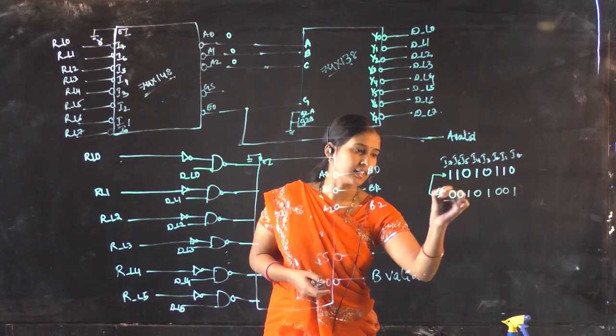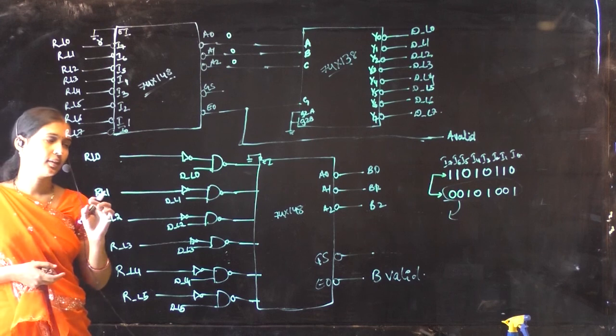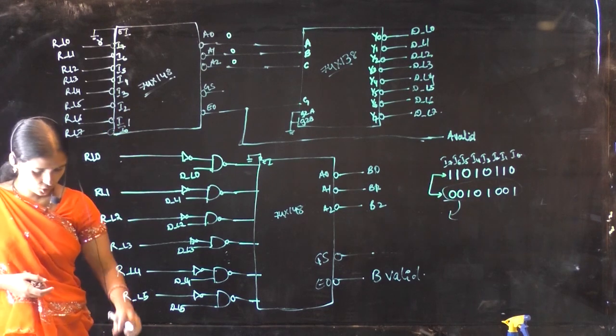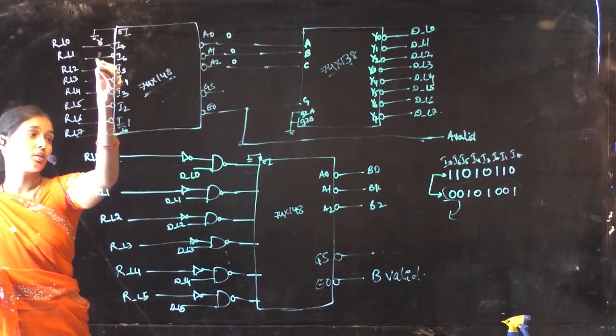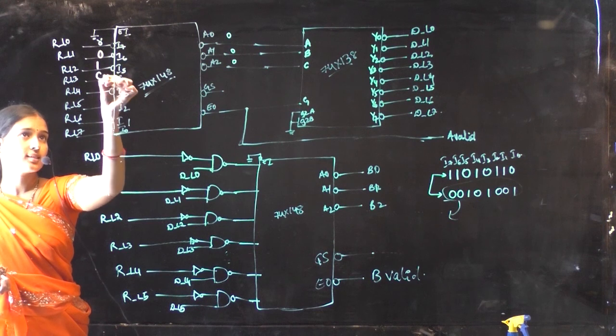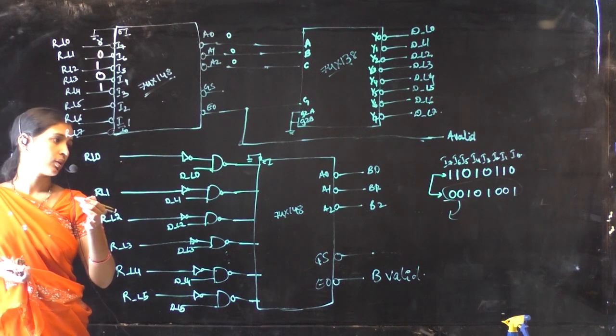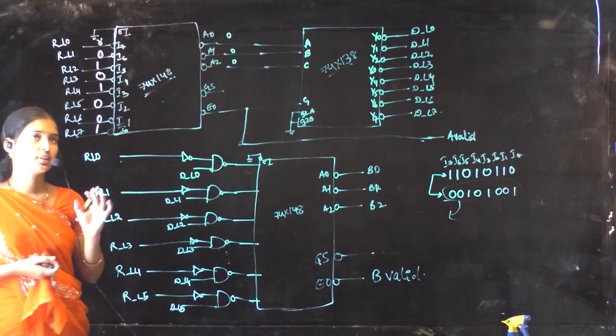This active low data has to be placed over here. I am placing the active low signals as the data input: 0, 0, 1, 0, 1, 0, 0, 1. This is the data I am giving here.